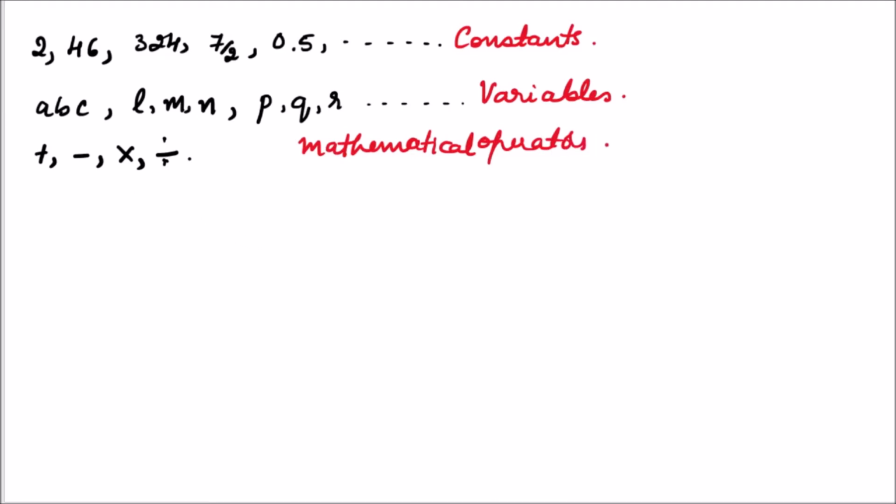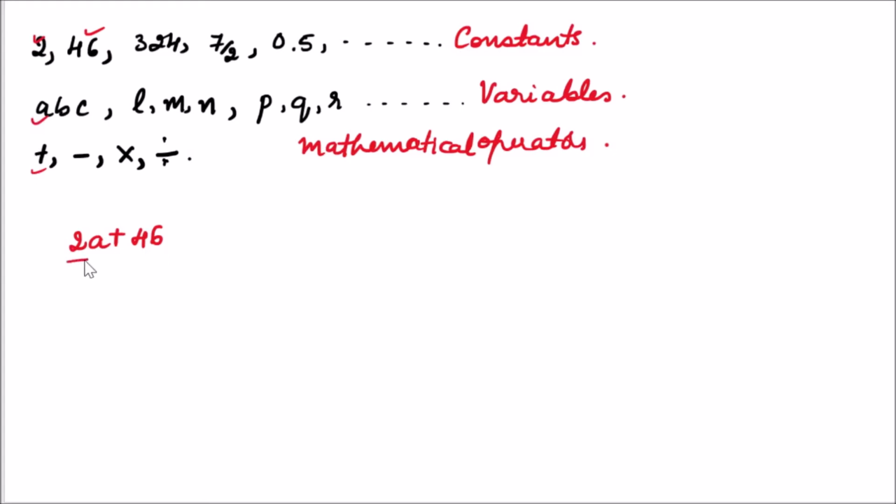Now if I take this 2 and any of these variables, let it be A, and any of these mathematical operators, let me take plus first: 2A plus 446. I have taken two constants, one variable and one mathematical operator.